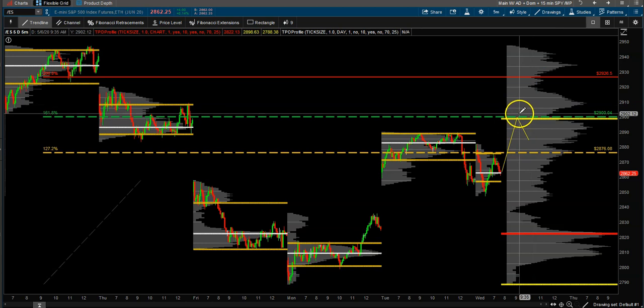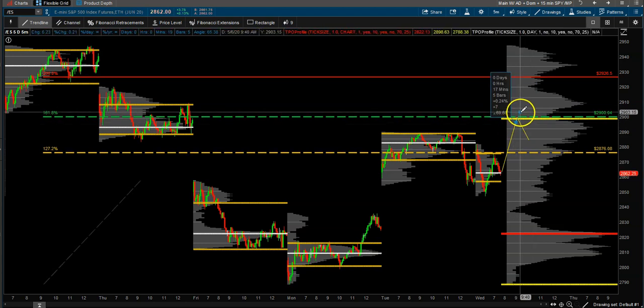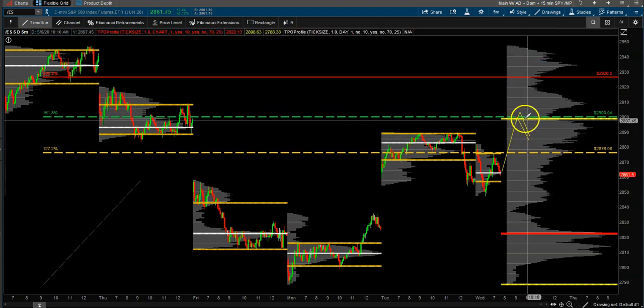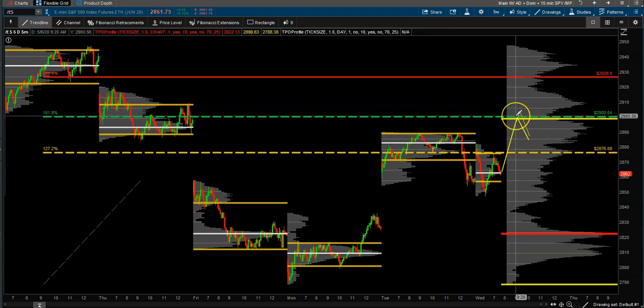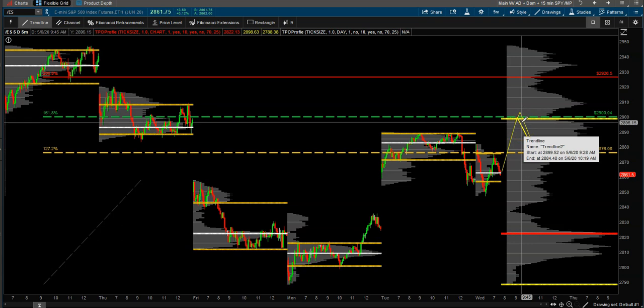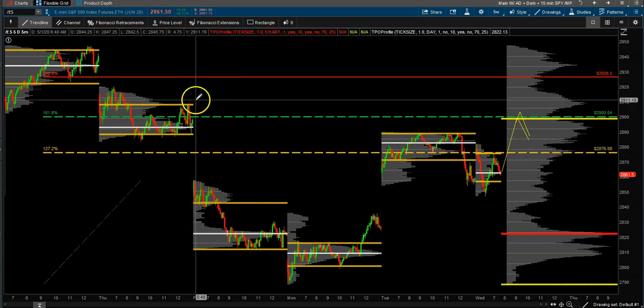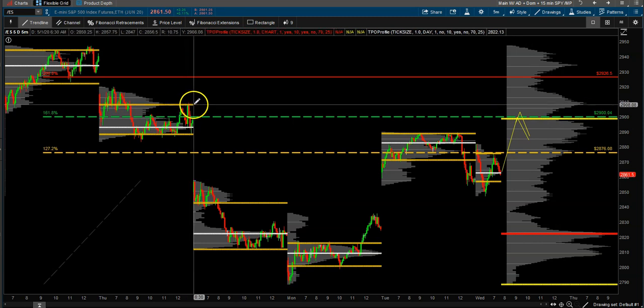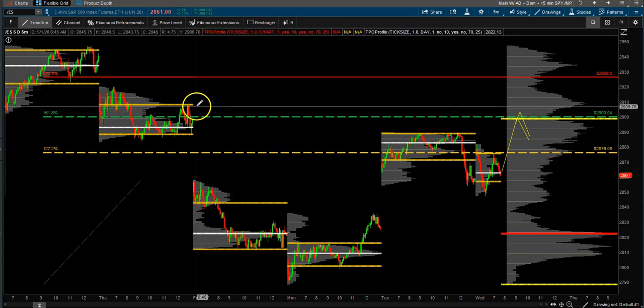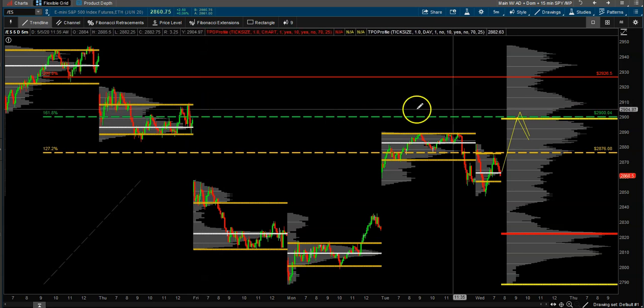Now maybe we overshoot or we come up here and then pull back, but I expect there would be some type of pullback here where I can maybe pick up a point or 2 or 3 points? I believe so, with a high degree of confidence, okay? And then I would probably look at this level as, hey, maybe it shoots up a little farther, comes up to this high volume node.